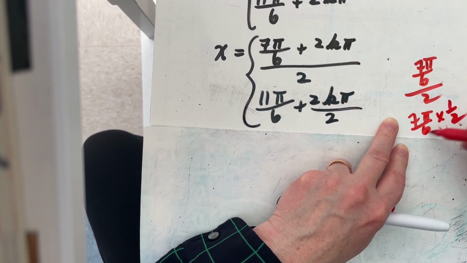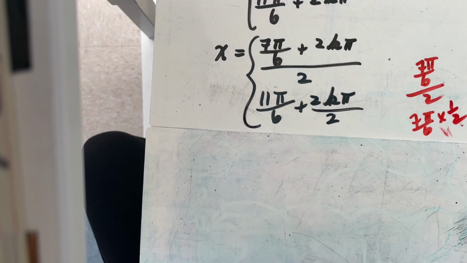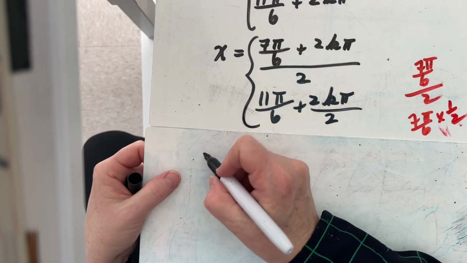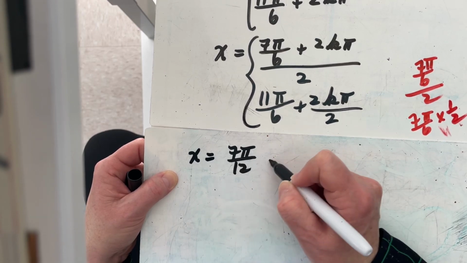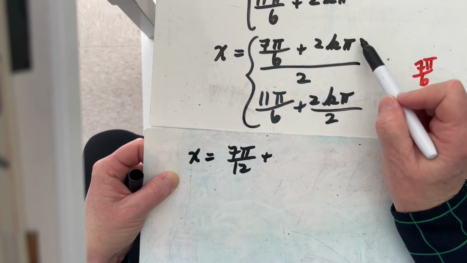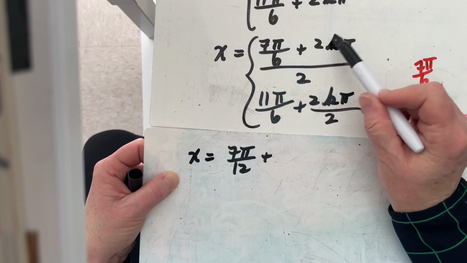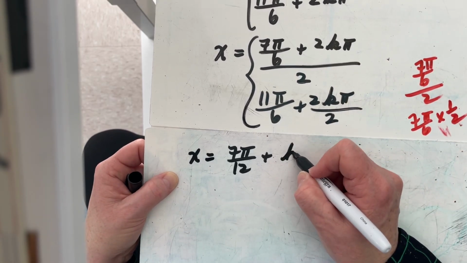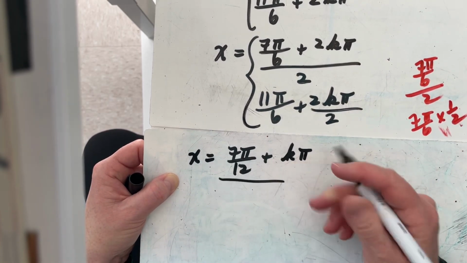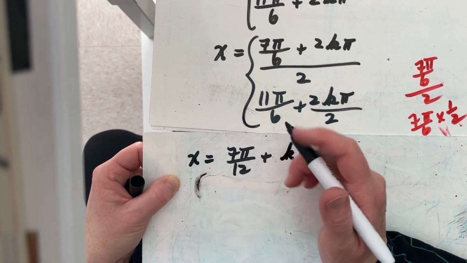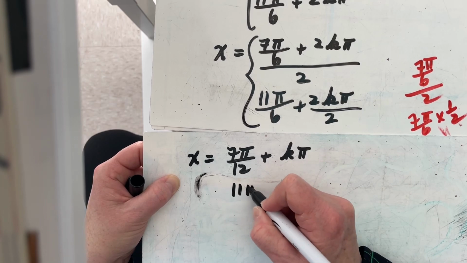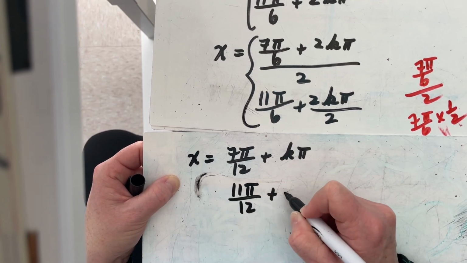So that's going to be 7 pi over 12. So our next step is x equals 7 pi over 12 now. And we also need to divide the 2k pi by 2. So that will be k pi now. The same thing will happen with the 11 pi over 6. That will now become 11 pi over 12 plus k pi.